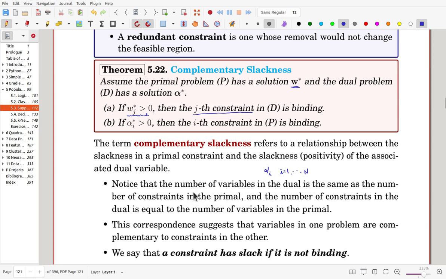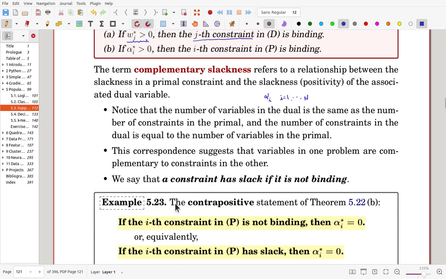You can easily check that, and the number of constraints in the dual is equal to the number of variables in the primal. Usually we say that a constraint has slack if it is not binding.